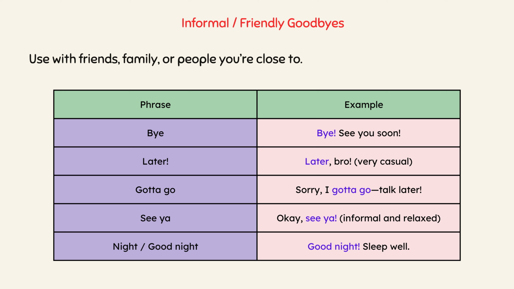Example, "Sorry, I gotta go." Talk later. See ya. Example, "Okay, see ya." Informal and relaxed. Night or good night. Example, "Good night. Sleep well." These expressions are warm, friendly, and often used in casual, everyday conversations.